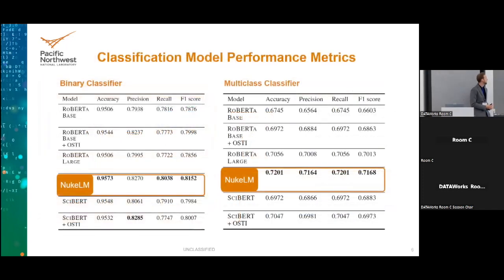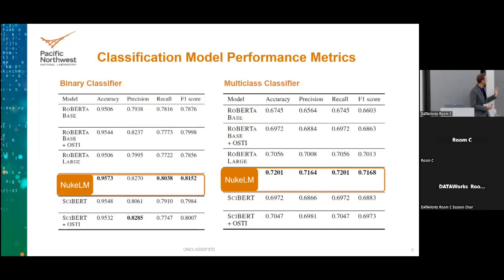Okay, so how does this pre-training followed by fine-tuning, what is the impact of it? You can see here, just off-the-shelf models don't have the plus OSTI, and then the NukeLM model here is the RoBERTa Large plus the pre-training with OSTI.